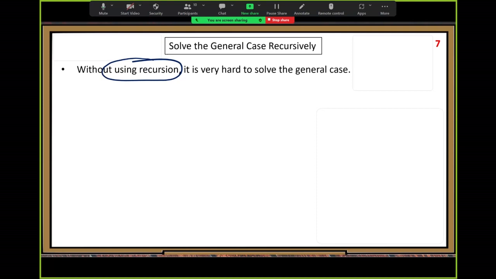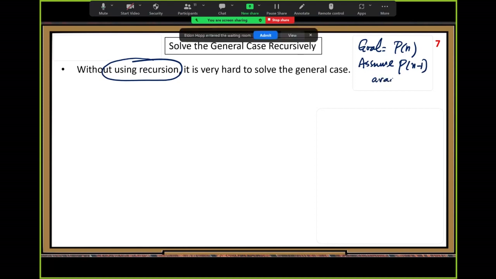Because the goal is that we need to solve P of n, but we can assume P of n minus 1 is available. Sorry, because one student wanted to get in.